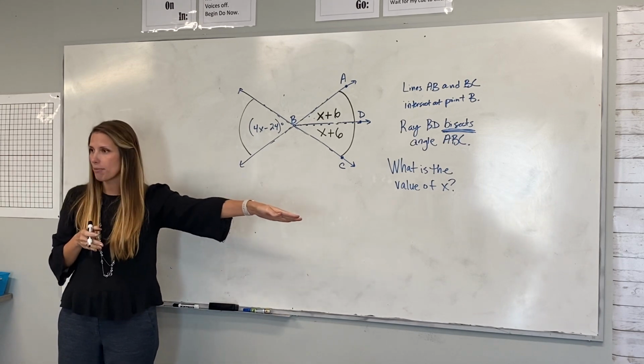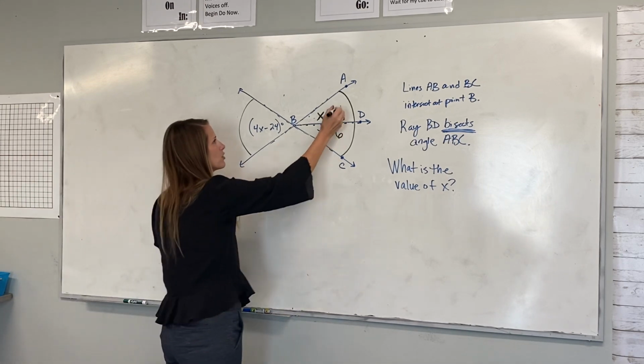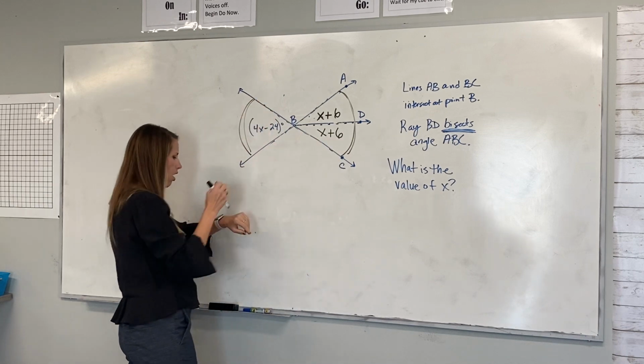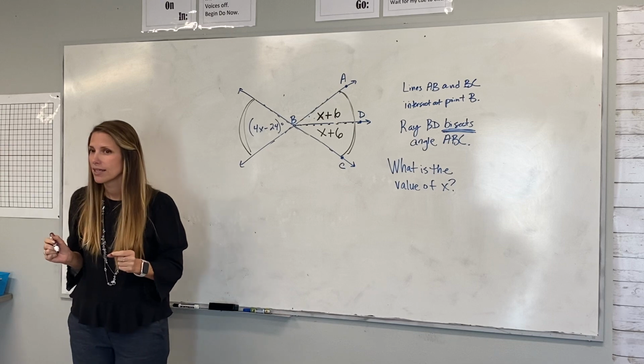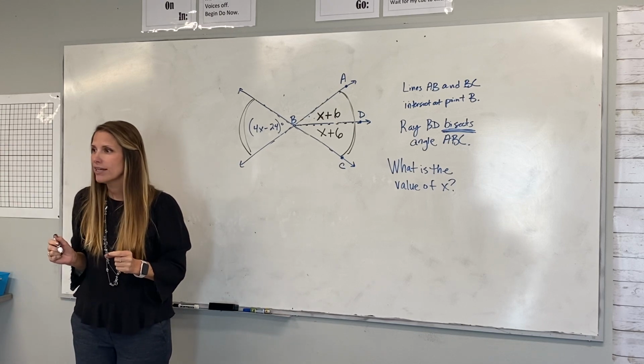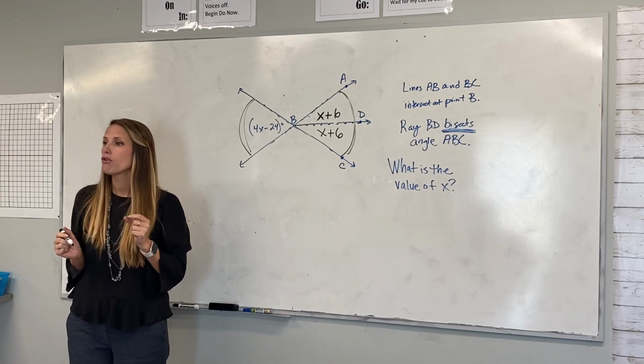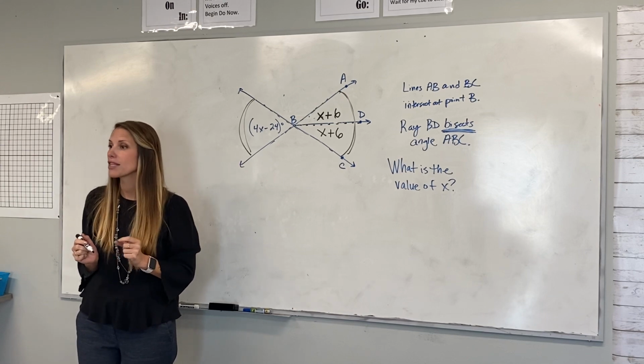It's on the complete opposite side. These are vertical angles. Vertical angles are what? No, vertical angles are congruent. They are the same.